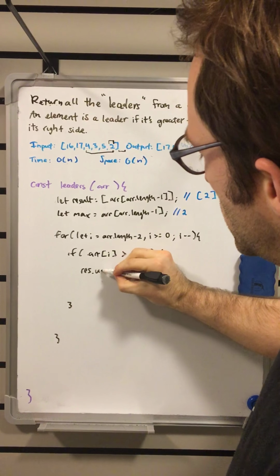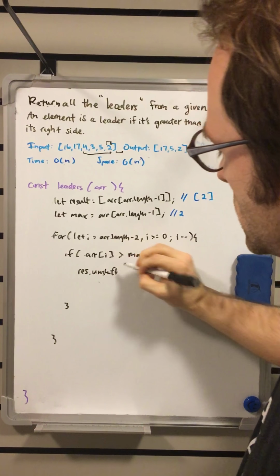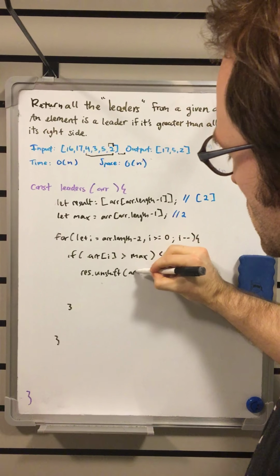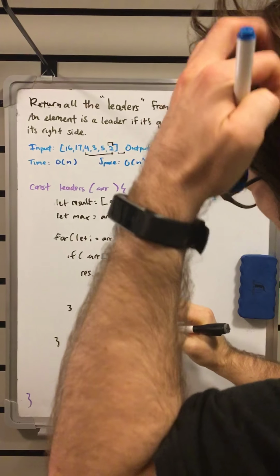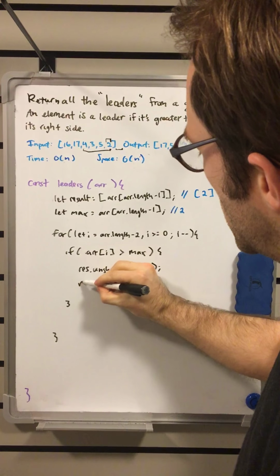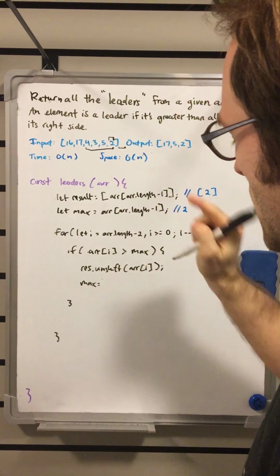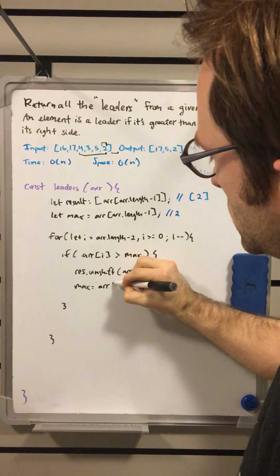If we really want it to be in the order that we want, we can just unshift it into the array, like so. And then we can set the max to be equal to that current element.